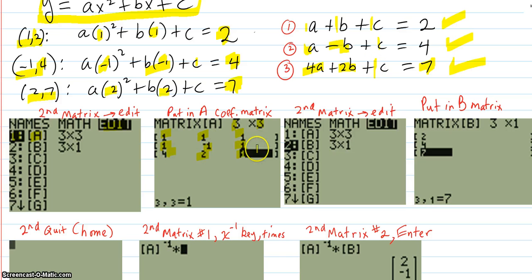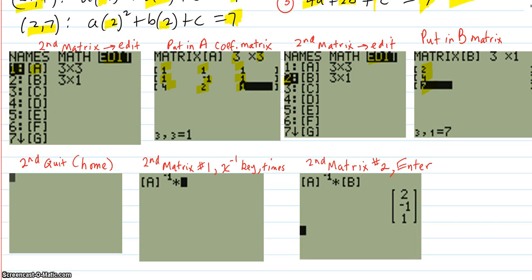Then you go back to second matrix and scroll over to edit and pick the number 2 matrix, the B matrix. And you put in the right hand column: 2, 4, 7.